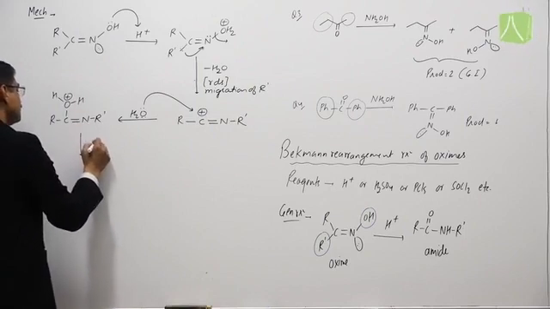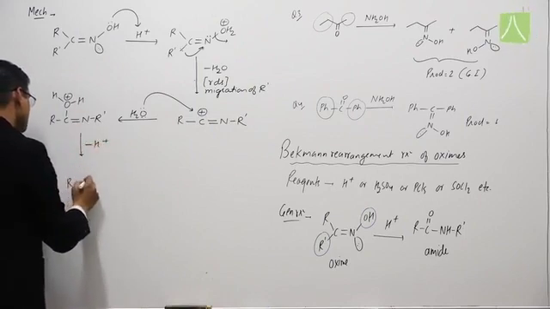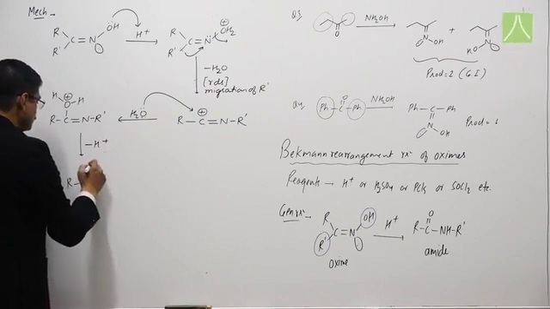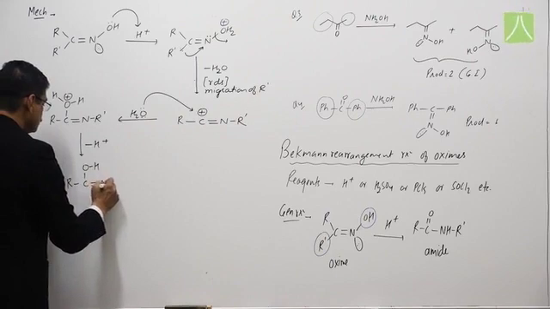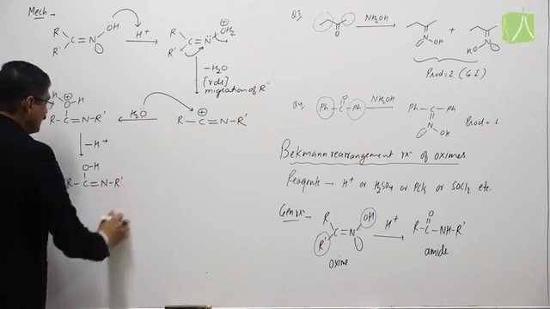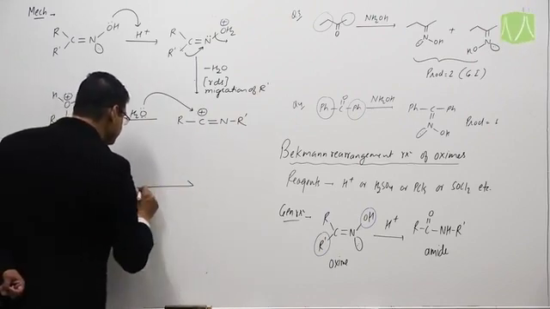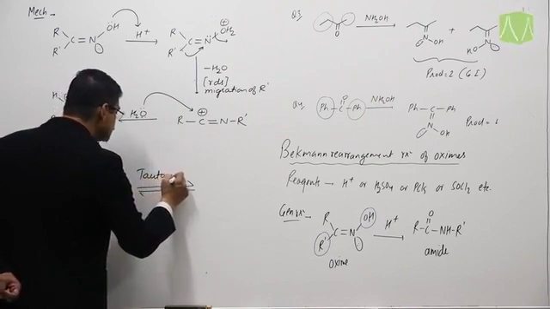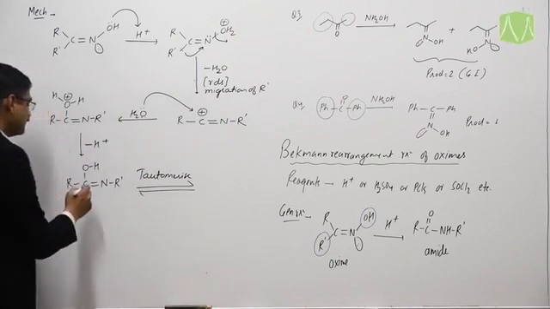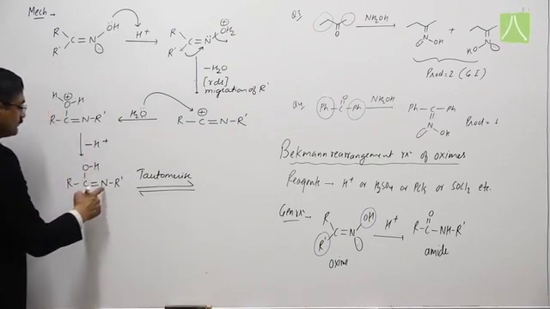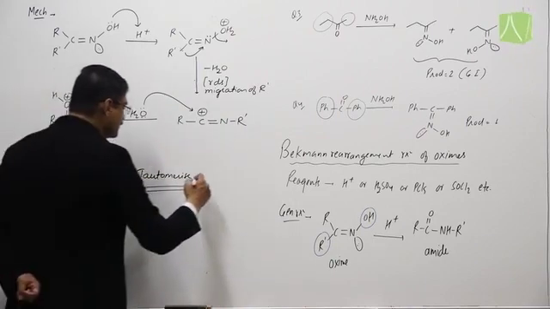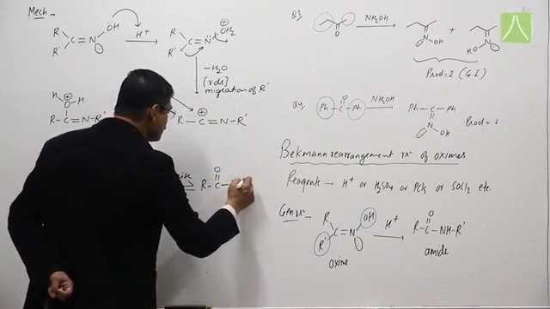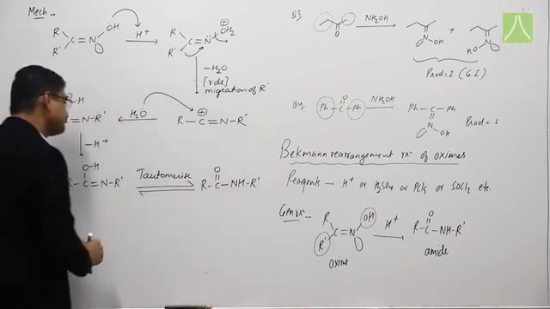Now this H plus is removed, and tautomerization occurs. After tautomerization, C double bond O is formed and hydrogen is transferred to the nitrogen atom, and it is a more stable compound than this.